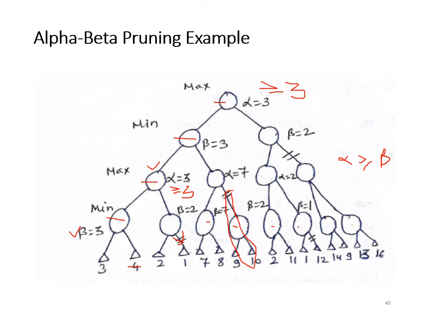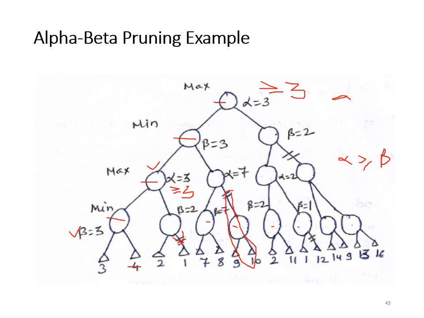And now this alpha's value will transfer to here. So beta equal to 2, and this rule has been applied again. Alpha equal to 3 here and beta equal to 2. So when alpha is greater than or equal to beta, as well as you can say that beta is less than or equal to parent's alpha, then stop expanding, and here an alpha cutoff arises.